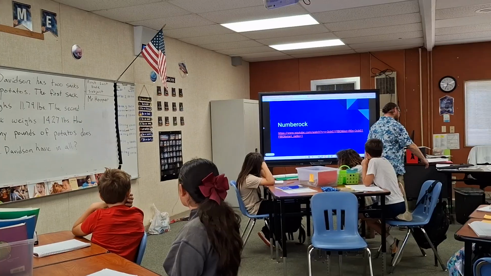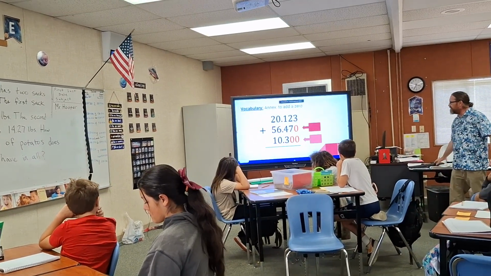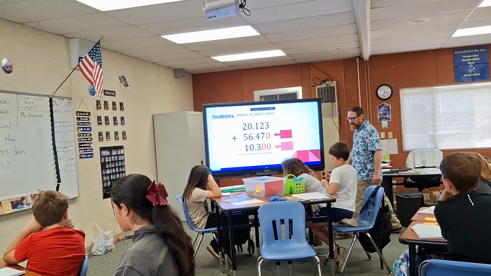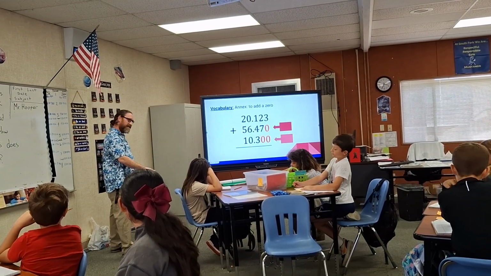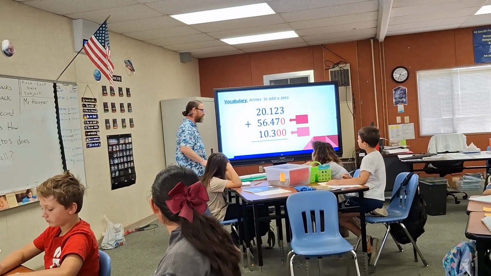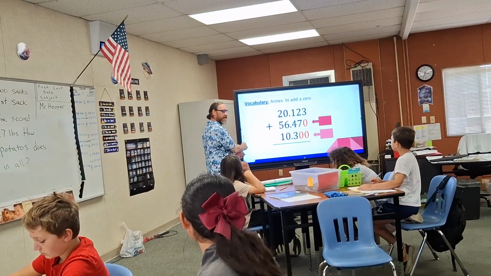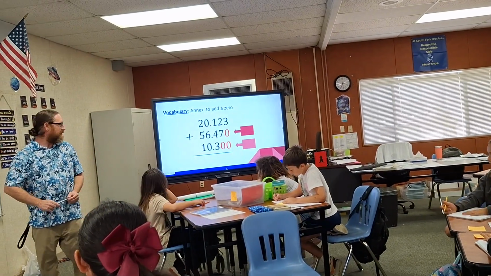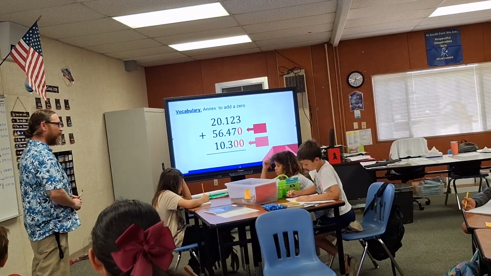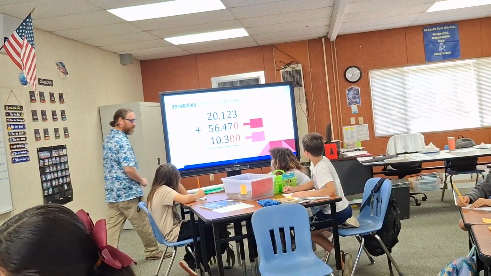All right. There you go. So, on your Cornell notes, where you write the line down, on the smaller half, you're going to write your definition. Here's your vocabulary word for the day: annex. Remember how we talked about zeros as placeholders.